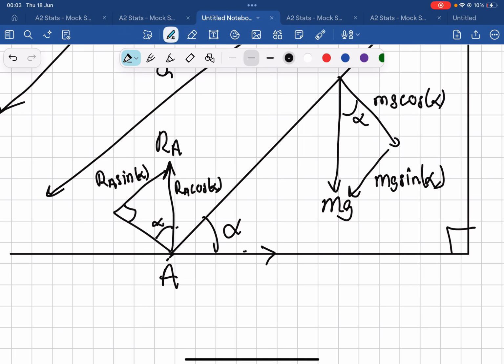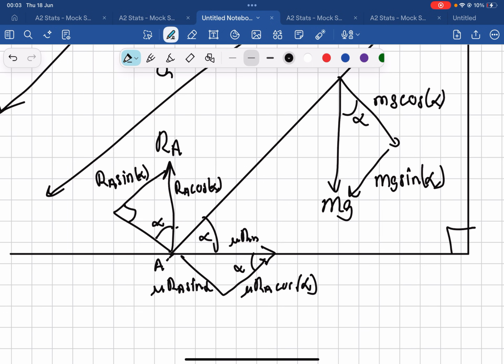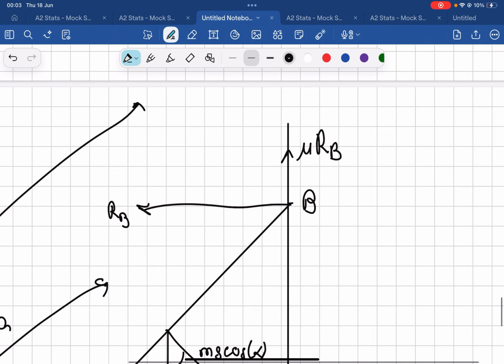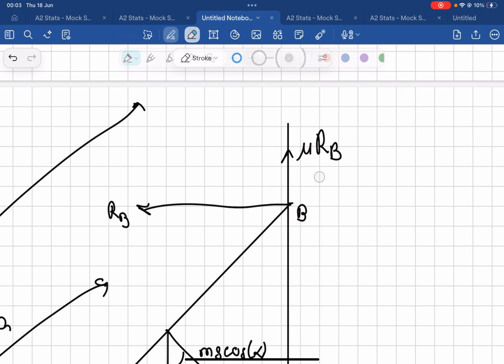Let's resolve friction, let's take that there. So we have mu RA sine alpha, mu RA cos alpha. And then we can resolve the friction on the wall. So let's just extend this, make it a bit bigger.